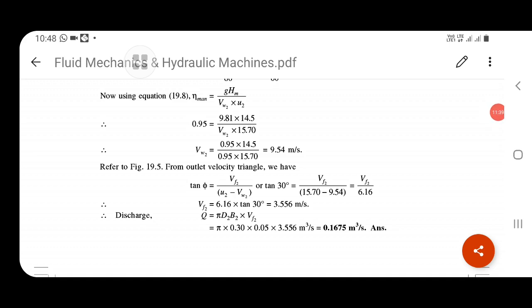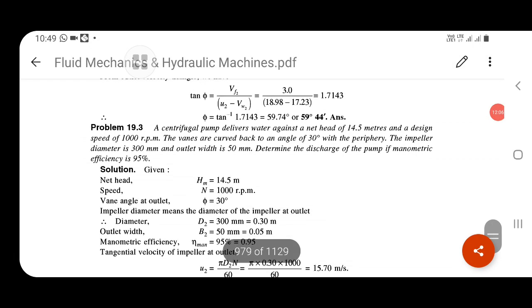With the help of that, calculate Vf2, that is 3.556. Whenever Vf2 is obtained, Q is equal to pi D2 B2 Vf2. So pi into 0.30 into 0.05 into 3.556. The required answer is 0.1675. So write down the problem and solution.